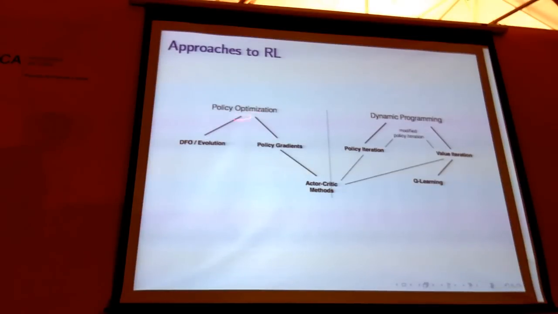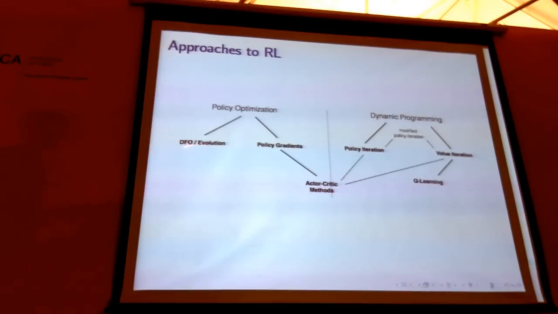Given that you're just looking at this as an optimization problem, there are two different ways that you could go about it. One way is to say that we've got this parameter vector of the policy, and let's just ignore all the structure of the problem and say I can take a parameter and get a noisy estimate of how good it is, and then try to move towards the part of parameter space where we're getting better performance.